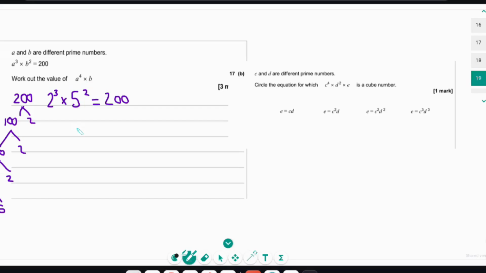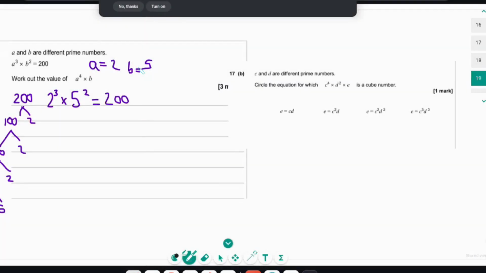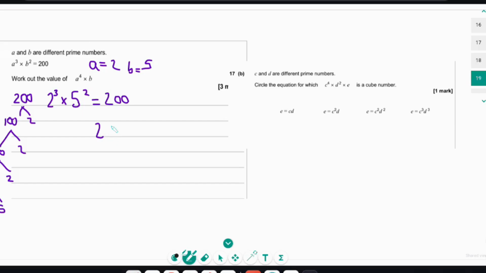So A is 2, B is 5. So 2 to the power 4 times 5: 2 to the power 4 is 16, times 5 is 80.